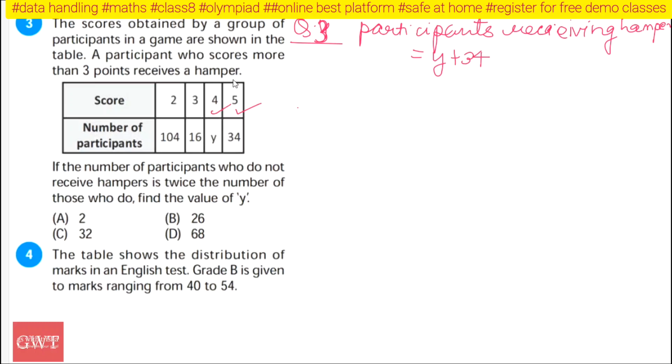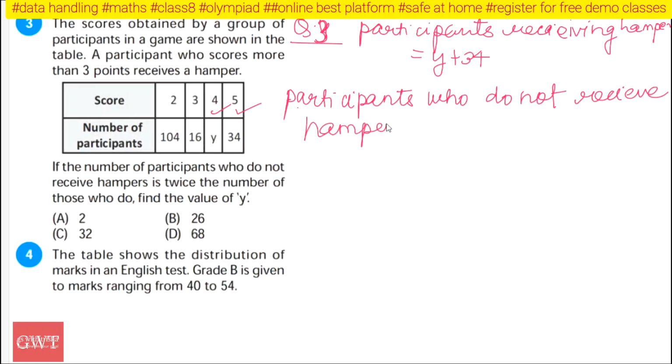Now participants who do not receive hampers are those scoring 2 or 3. So it is 104 plus 16, or I can say 120.